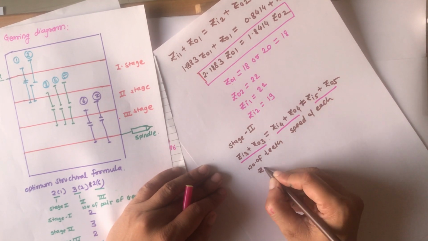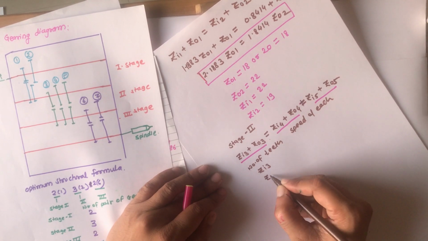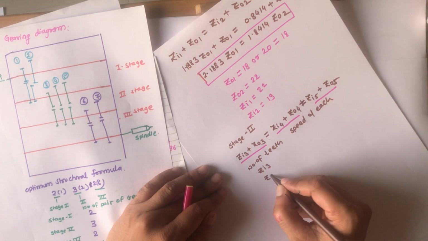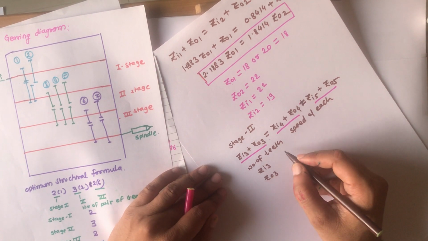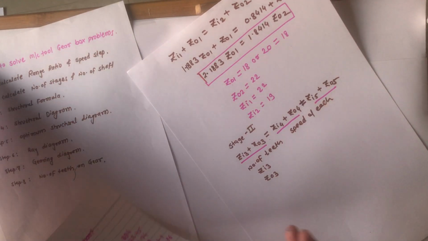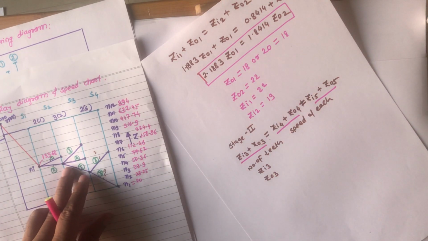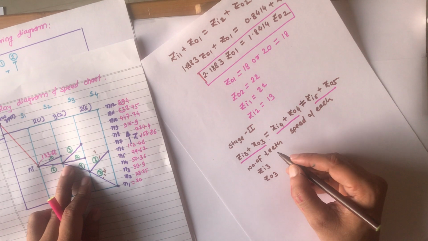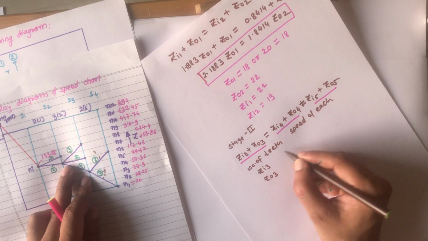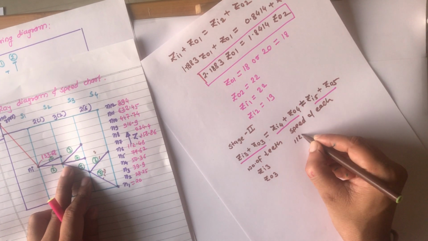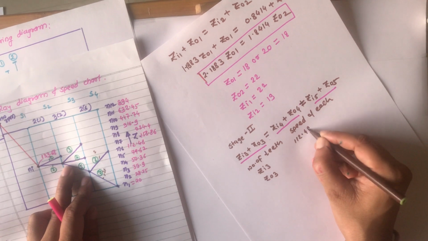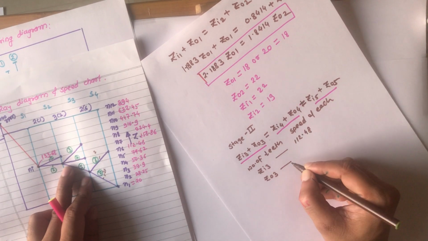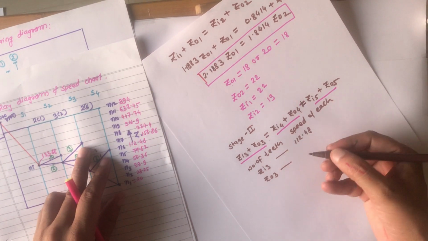The speeds we get from the speed chart. For Zi3 the speed is 112.48, and ZO3 output is 224.